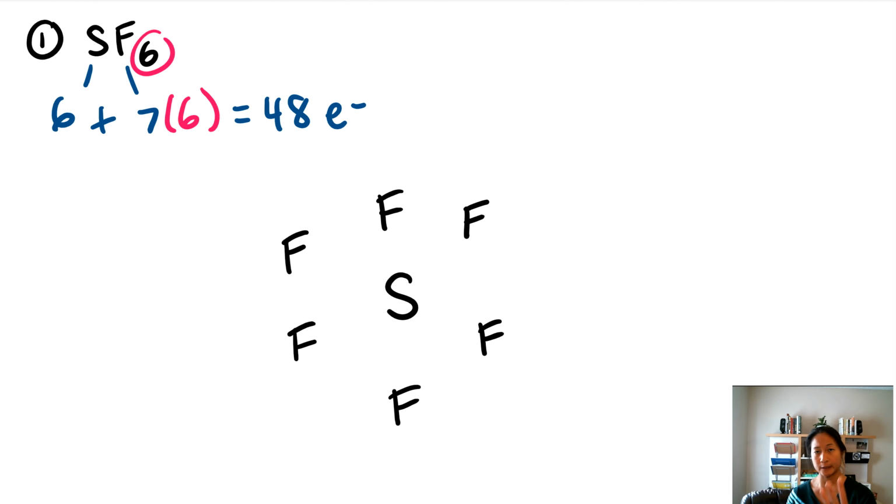Okay. Step 3, we're now going to connect the central atom with single bonds to all of the terminal atoms, which are the outside atoms. So we're going to draw single bonds between the sulfur and every single fluorine. Now remember, each one of these bonds represents 2 shared electrons.